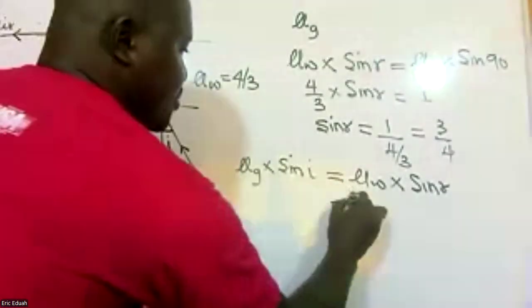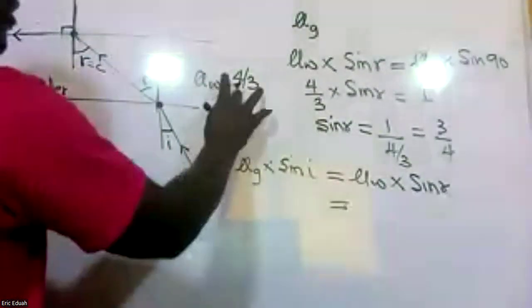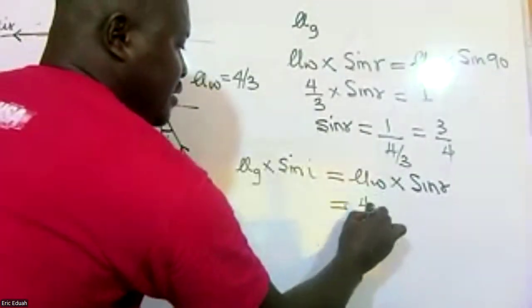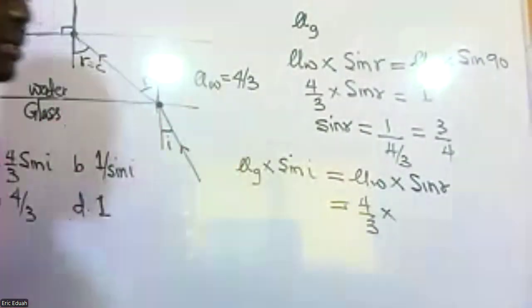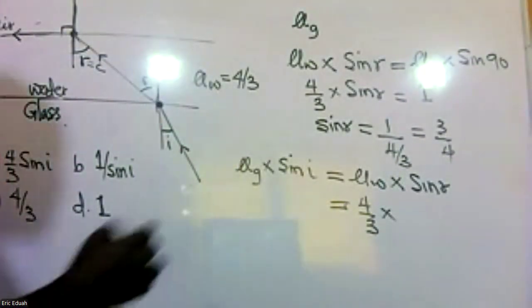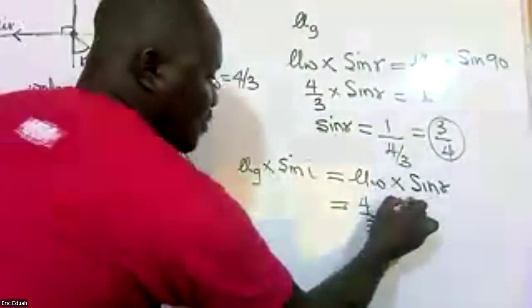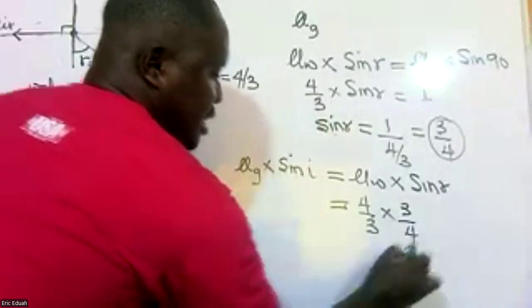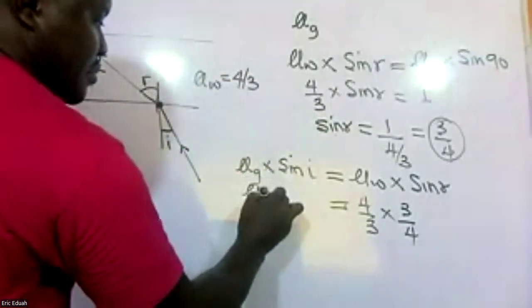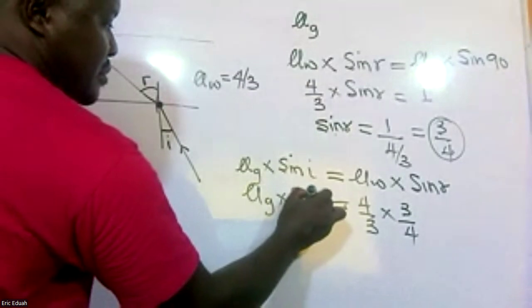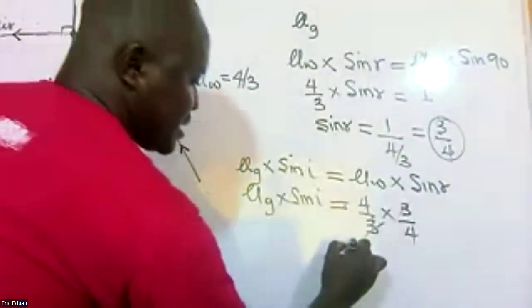But the refractive index of water is 4/3. So 4/3 times sine R. This is what we got for sine R, 3/4. So this is equal to 1.